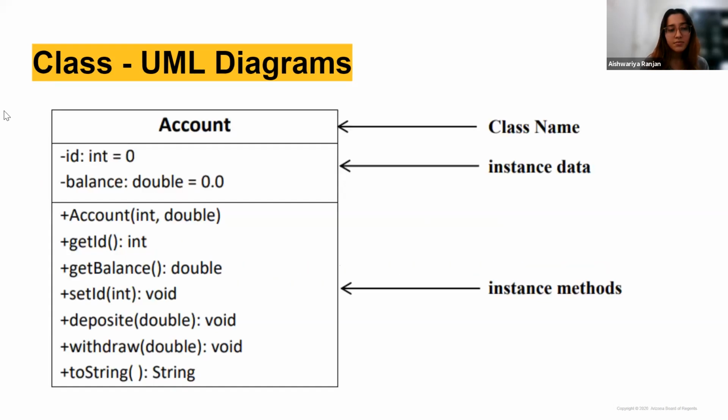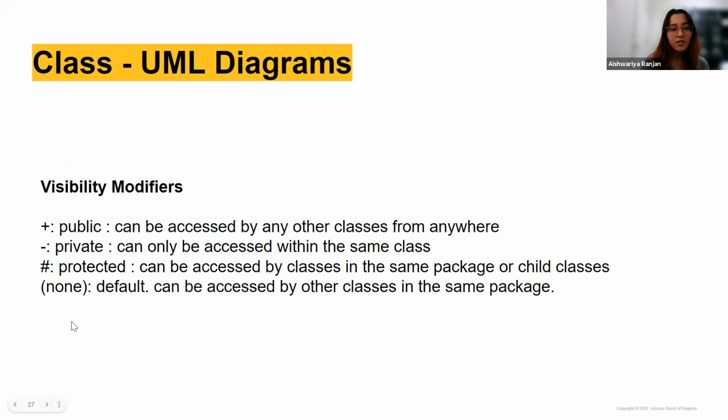Now you might have seen over here, you had minus and plus signs. These are called visibility modifiers. The plus sign means that particular method or variable is public, and it can be accessed by any other class from anywhere else.